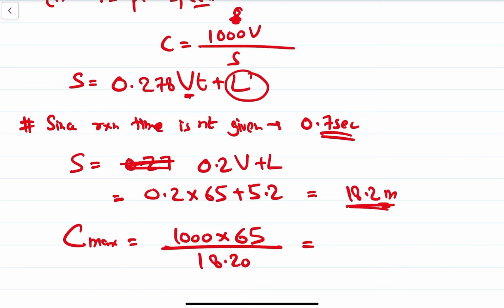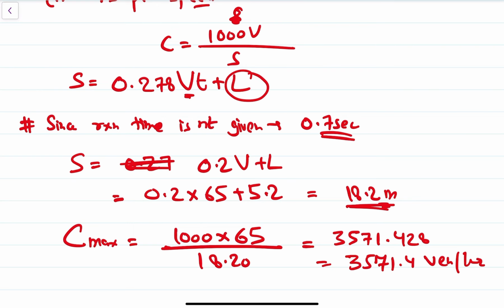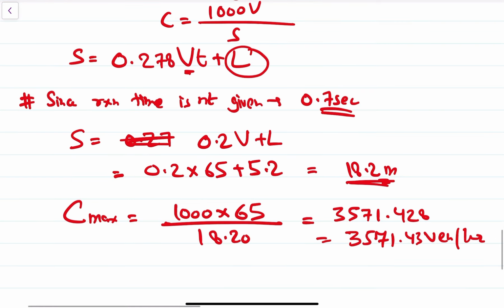Upon solving, the answer will be 3571.428. So we can just write 3571.4 vehicles per hour.